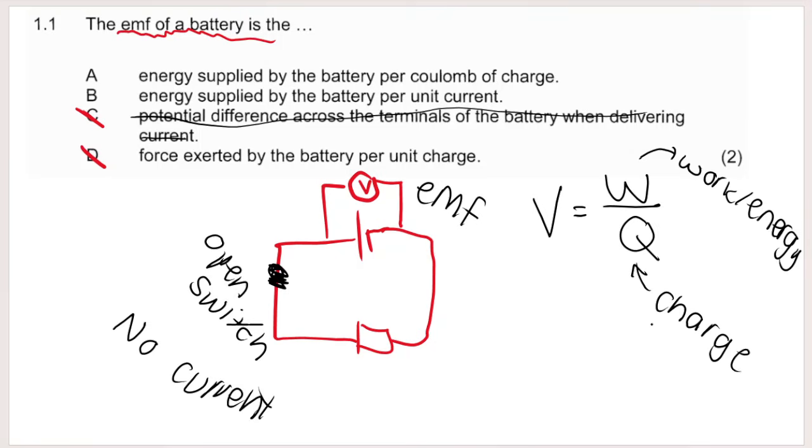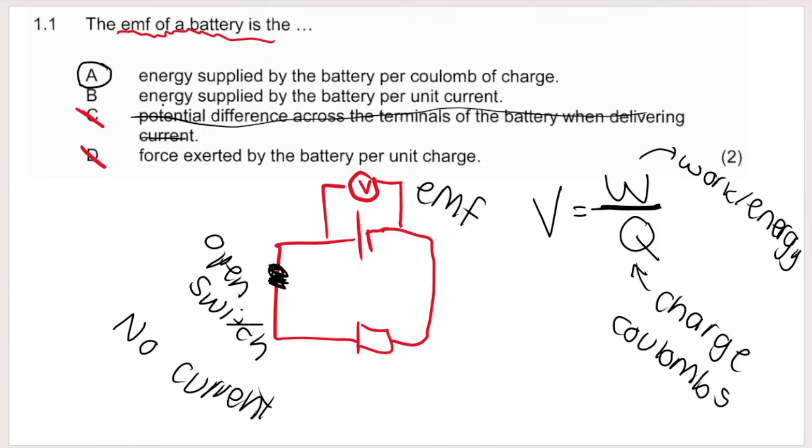What is charge measured in? Charge is measured in coulombs. See if this makes sense: potential difference or EMF or voltage is equal to the energy supplied by the battery per, and per means divide, per coulomb of charge. My answer is definitely A.